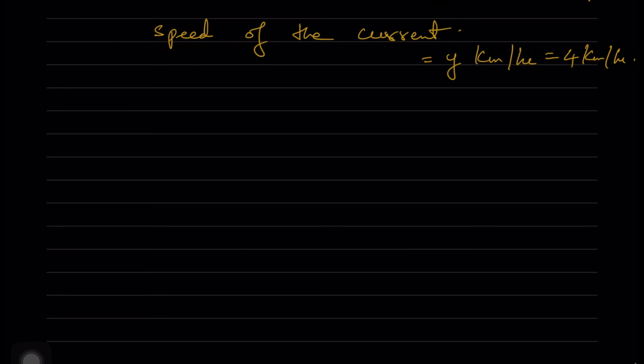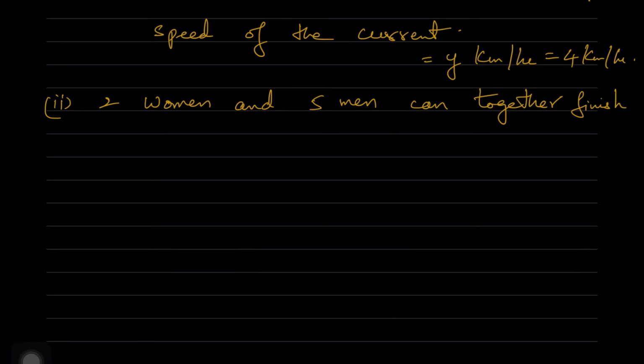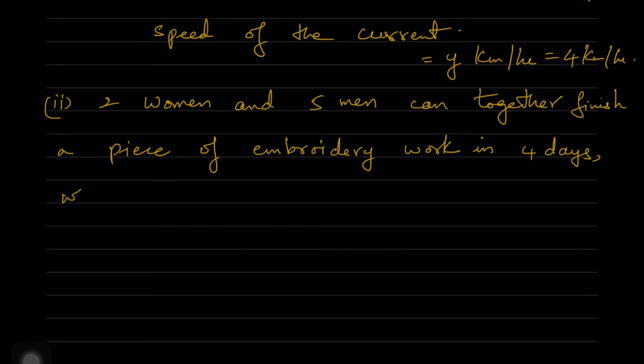Now going into the second problem, the second question, second bit. Two women and five men can together finish a piece of embroidery work in 4 days, while 3 women and 6 men can finish it in 3 days.